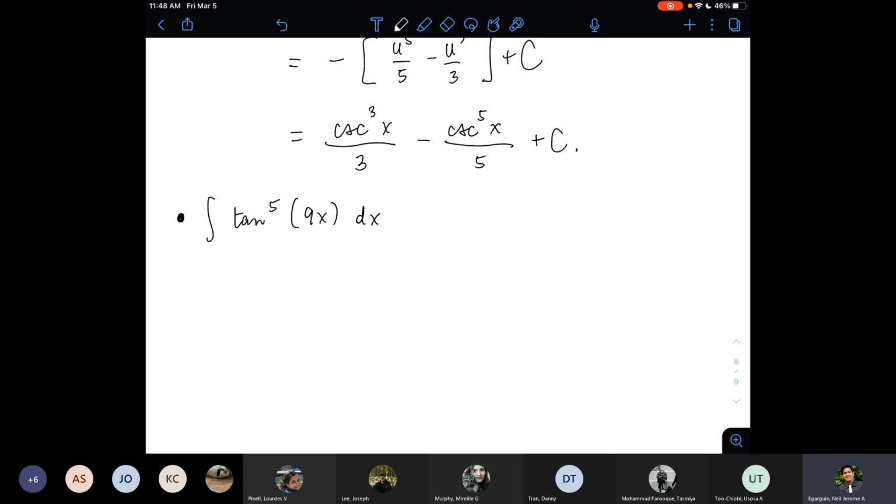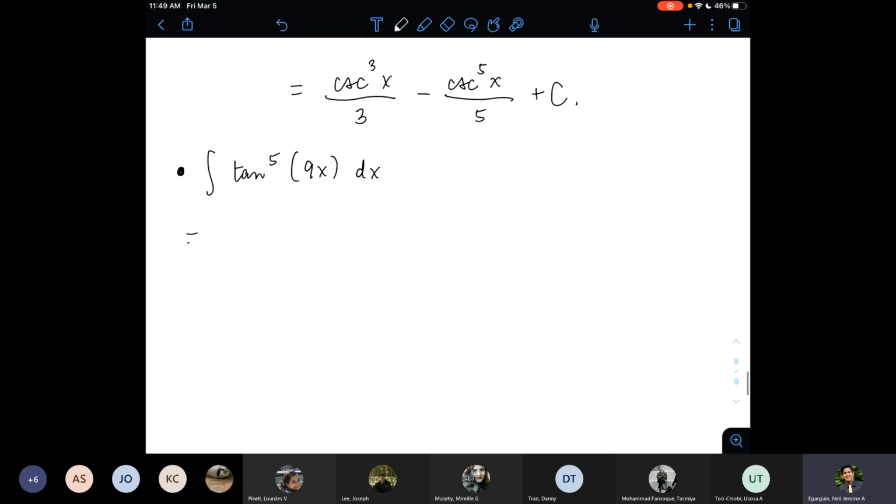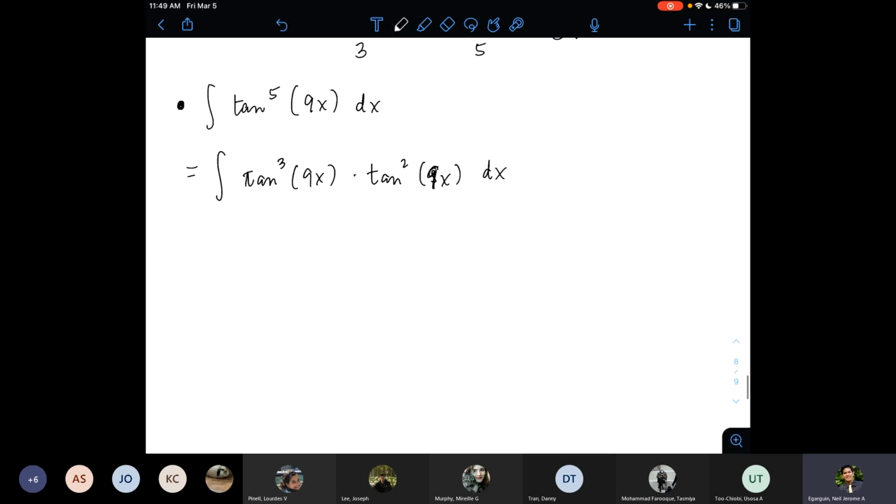So what will happen first is, I can try to have a secant over here. I can write it as tangent cubed of 9x times tangent squared 9x dx, and then write this in terms of secant. So I will have a secant to play with, because tangent alone is hard to evaluate.